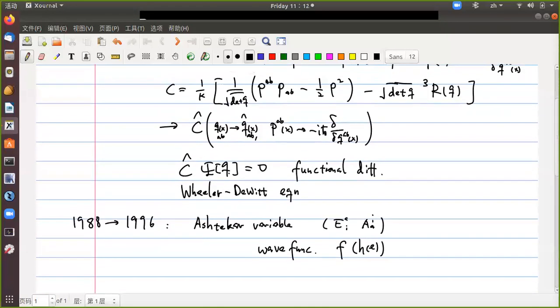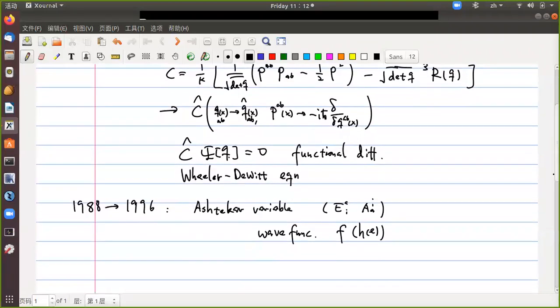So the immediate task is to look at the Hamiltonian constraint, and we know from the earlier discussion that our Hamiltonian constraint has a Euclidean term and a Lorentzian term. Let's just look at the Euclidean term: 1 over kappa.